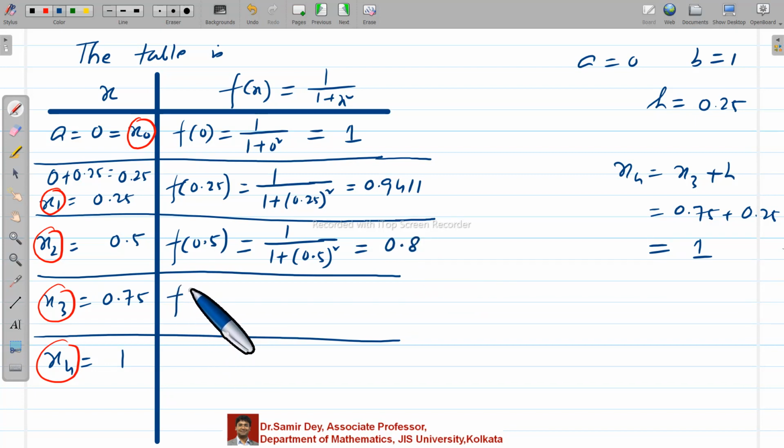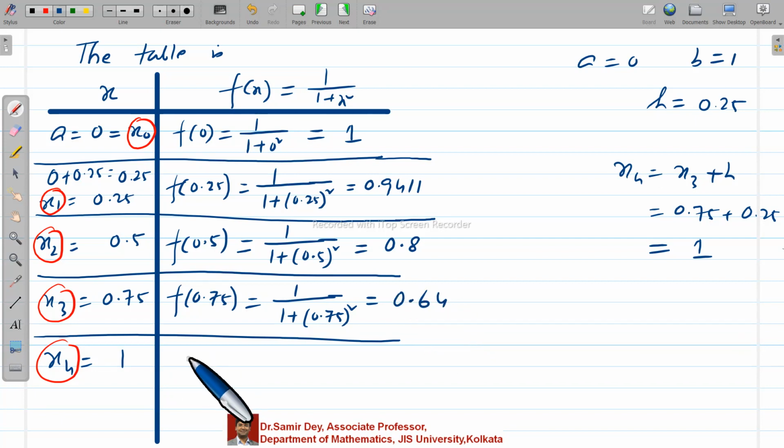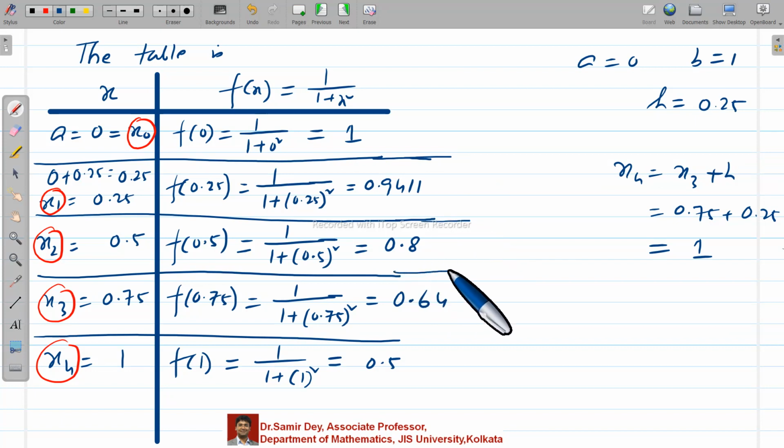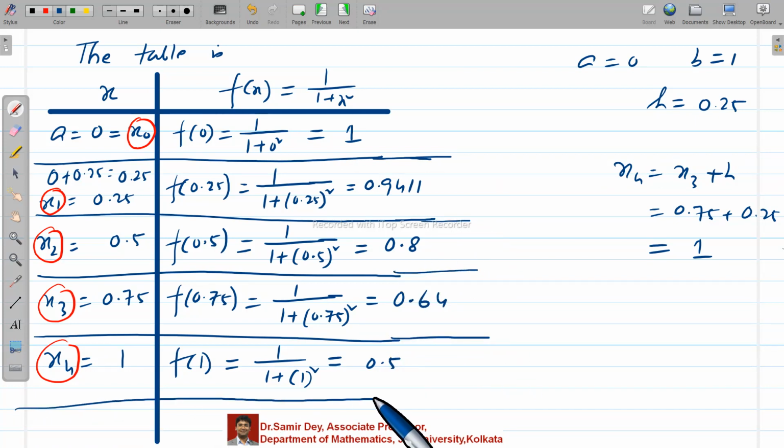And the next one, f of 0.75 is 1 by 1 plus 0.75 whole square, using calculator I have 0.64. And f of 1 is equal to 1 by 1 plus 1 whole square, it is coming 0.5. I think it is clear to everyone how to decide and how to calculate this.